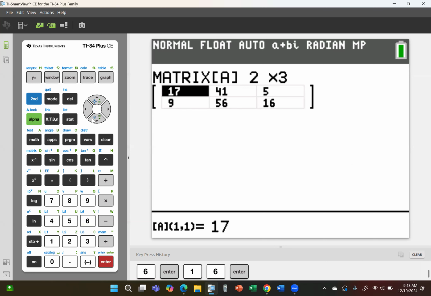Does that look good to you? 17, and I always check it. 17, 41, 5, 9, 56, and 16. So the first matrix is good. That is my observed. So now I'm going to get out of here. So I'll do second quit.